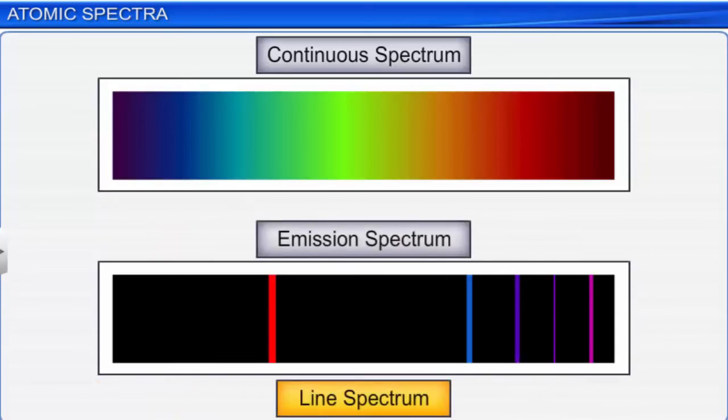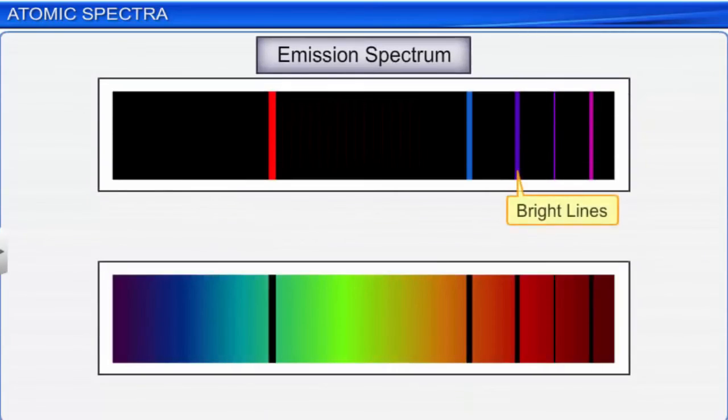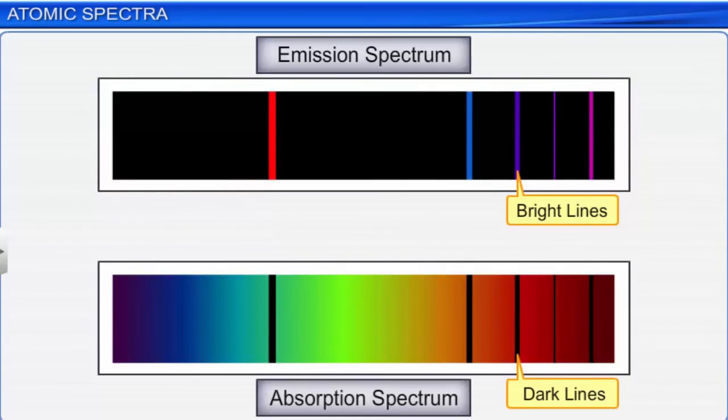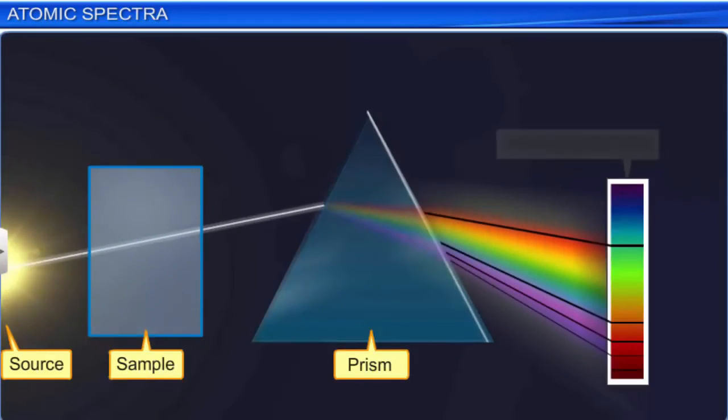The bright lines in the emission spectrum exist due to the fact that emitted radiations are only of specific wavelength rather than a continuous spread of wavelength as in the case of white light. A photographic negative of emission spectrum is the absorption spectrum. An absorption spectrum is recorded by passing a continuous spectrum of radiation through a sample which absorbs radiation of certain wavelength.